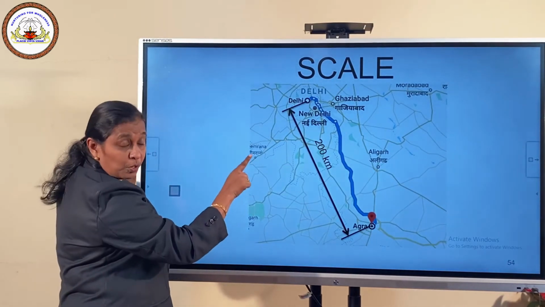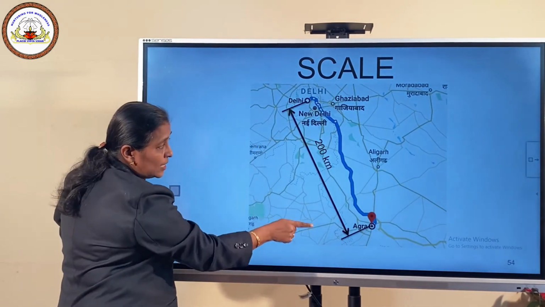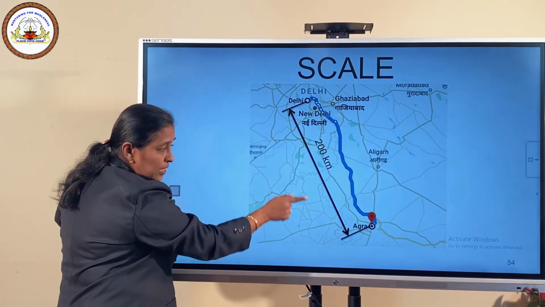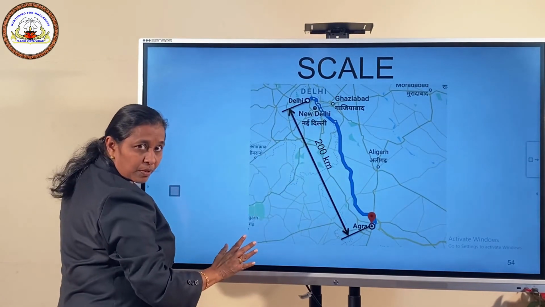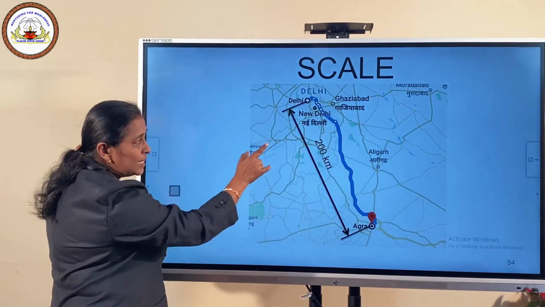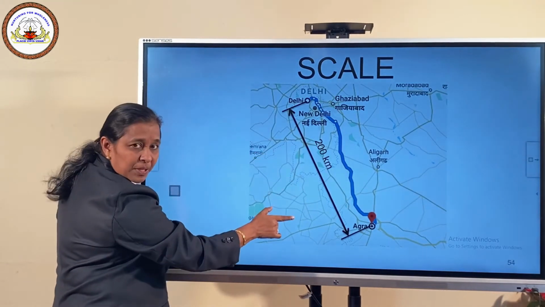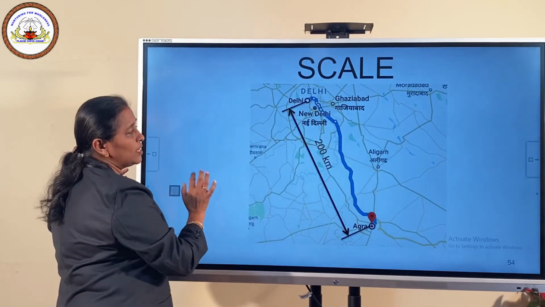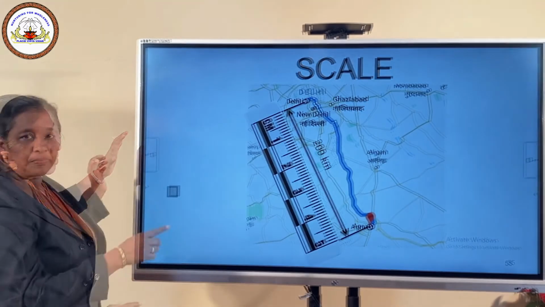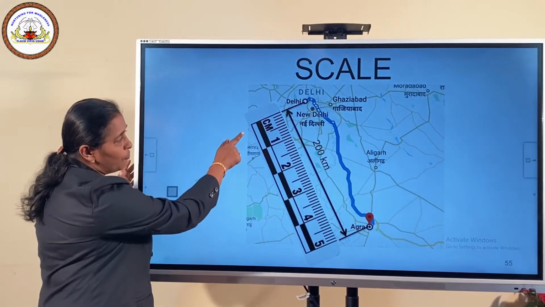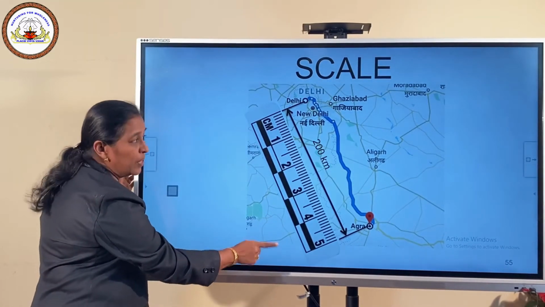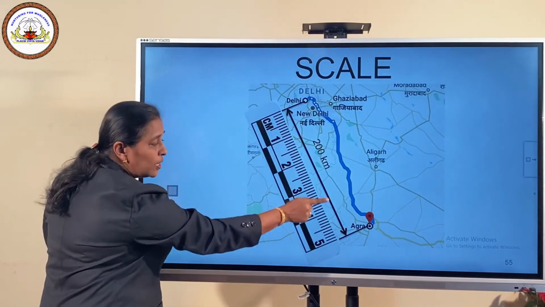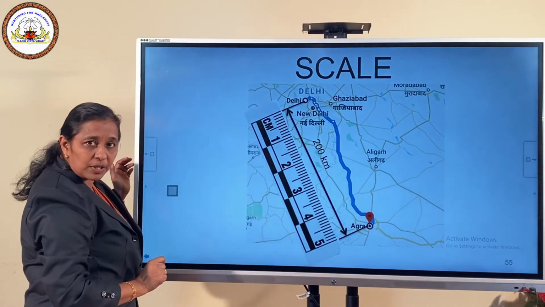It is not possible to show these cities at 200 km from each other on a map. So, this distance is represented by a smaller unit, say 5 cm. In this case, 5 cm of the map represents 200 kilometers on the ground.